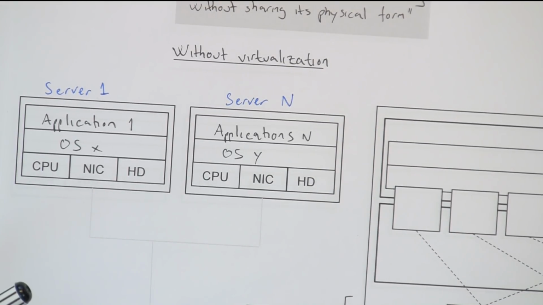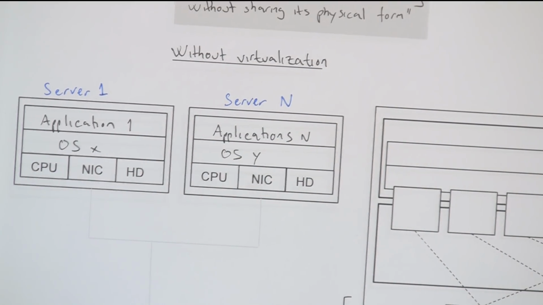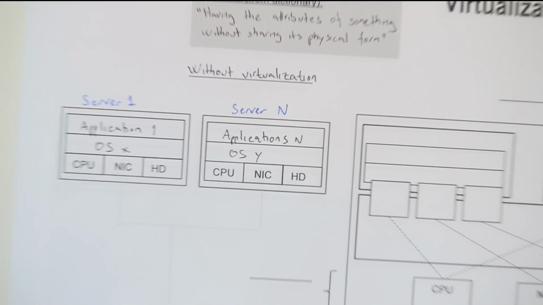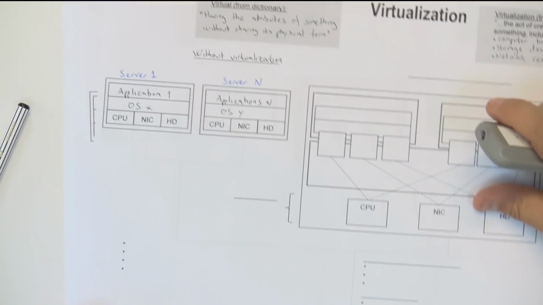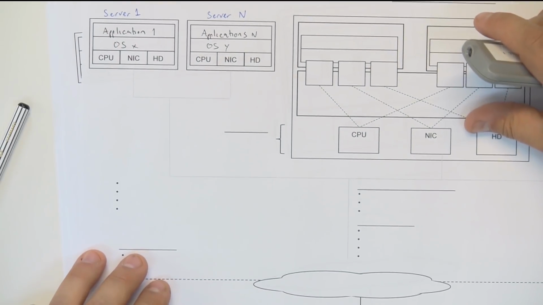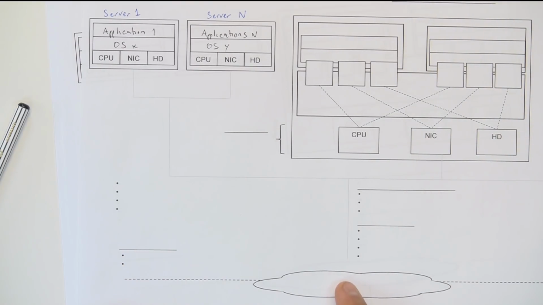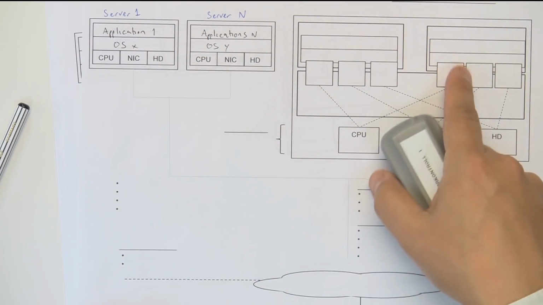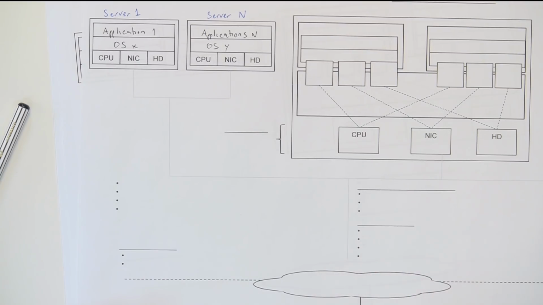So here are these 2 physical servers, and they connect down to my big network, which is down here. So we're going to connect all of these different things down to the big IP network down there.